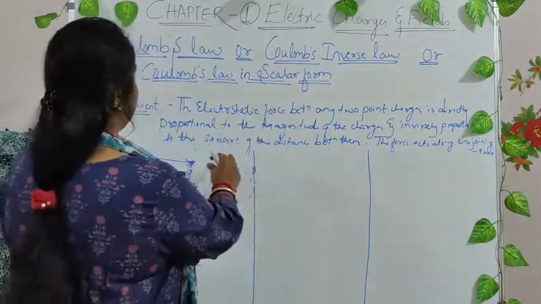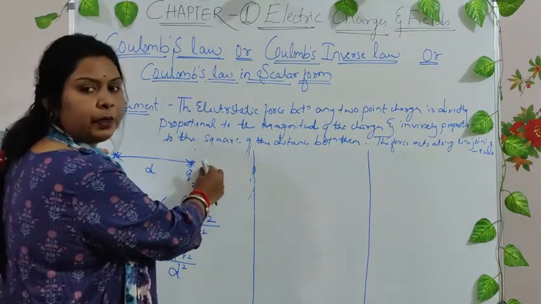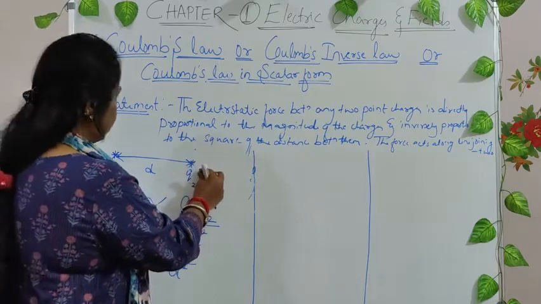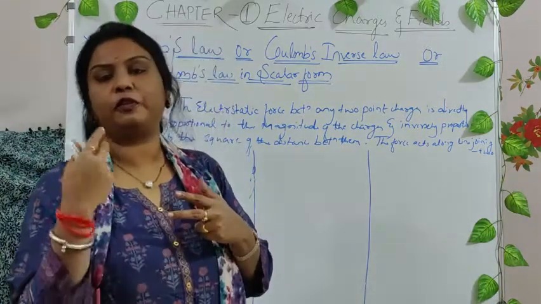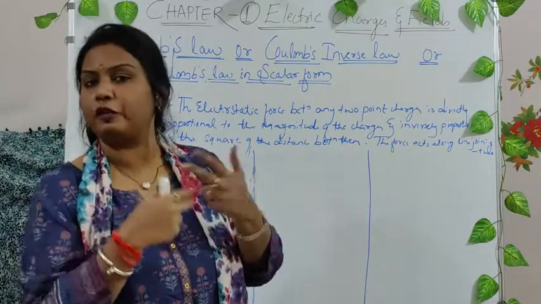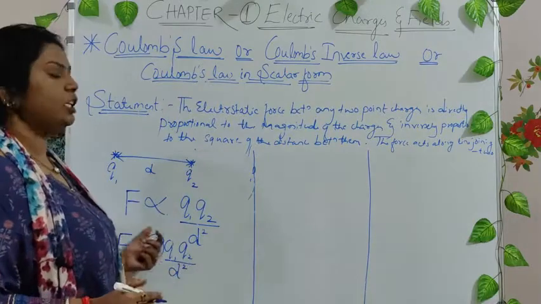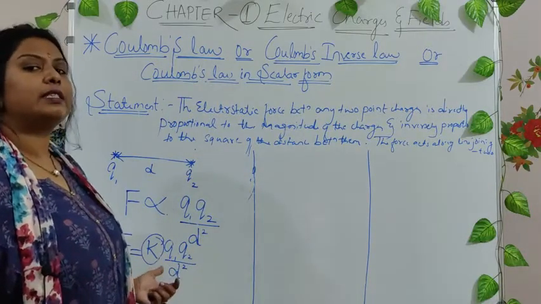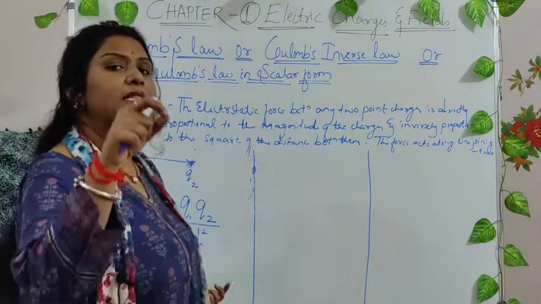The same two charges kept in water could have a different force of attraction or repulsion between them than when kept in vacuum. Hence this proportionality constant will tell you the exact value of the force between the two charges when kept in a certain medium.